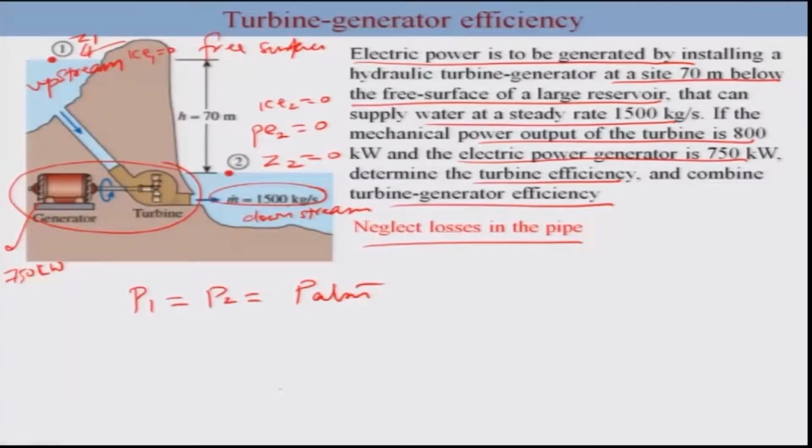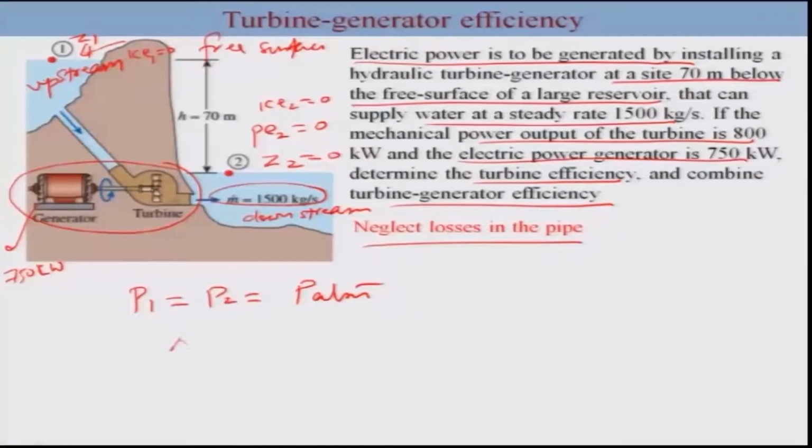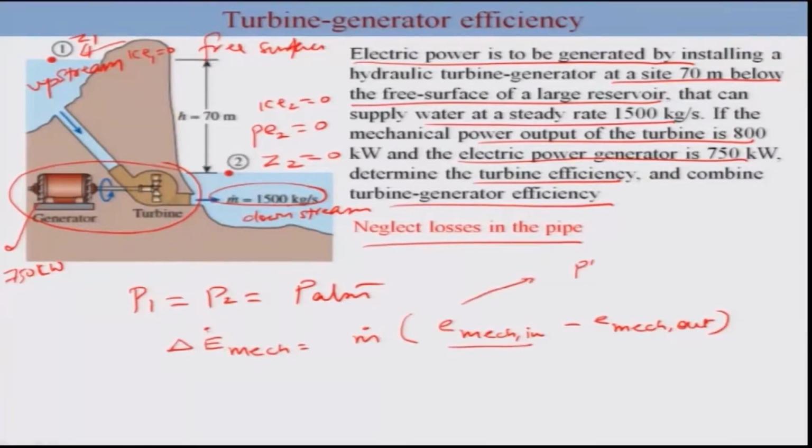Okay, so let us first calculate the delta E mechanical, the change in the mechanical energy of the fluid. So what about delta E mech? This will be m dot, because I am considering the rate here, times E mech in minus E mech out. Now since we know E is nothing but P by rho plus PE plus KE, right?